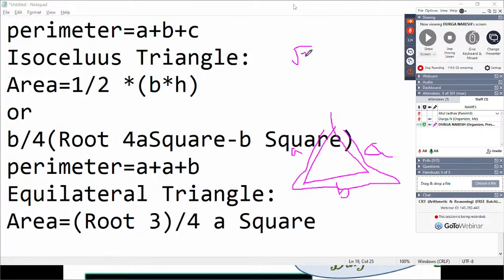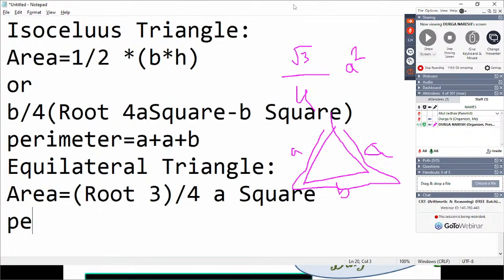What about the perimeter? Perimeter means the length of the boundary. Yes, perimeter is equal to a plus a plus a, 3a.